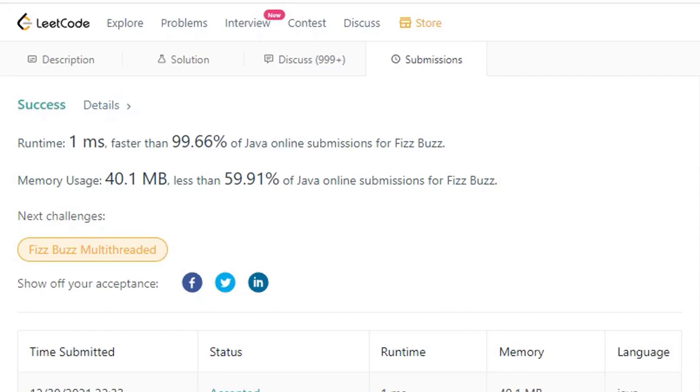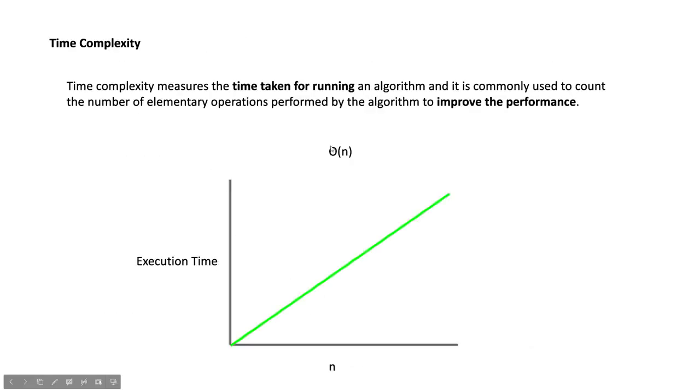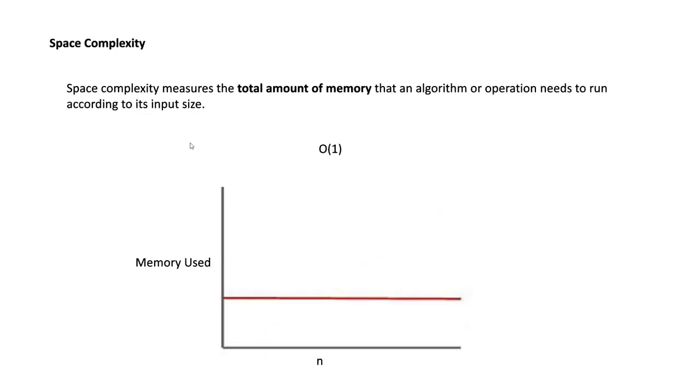All right, let's go through the time and space complexity. So time complexity is O of n. So the bigger your input parameter is, the more numbers we have to iterate through. So that's pretty straightforward there. And space complexity is O of 1.